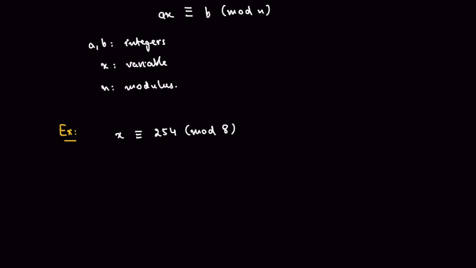For this equivalence, what you're trying to find is the value of X such that X is congruent to 254 mod 8. By the definition of congruence mod N, you can instead write: what is the value of X such that 254 is congruent to X mod 8? That means what you're looking for is the remainder.